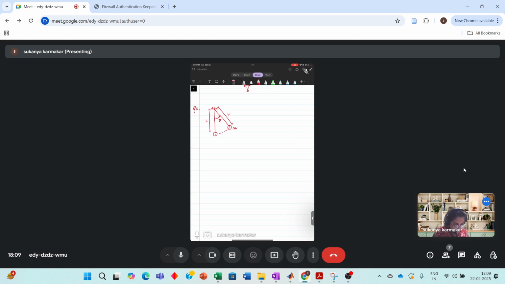So this is a single degree of freedom system. How do I tell it's a single degree of freedom system?